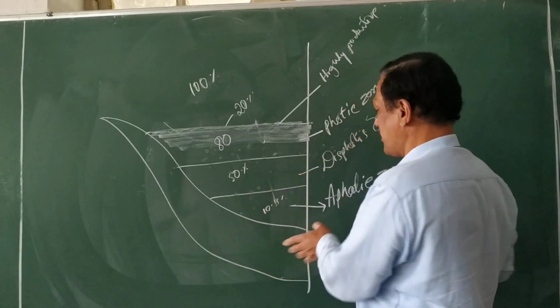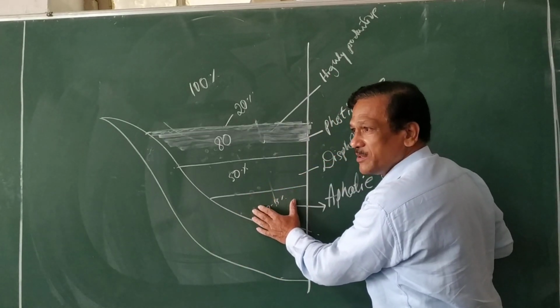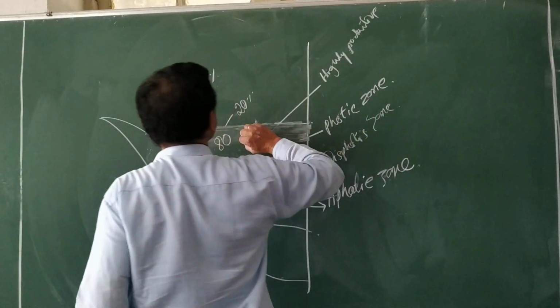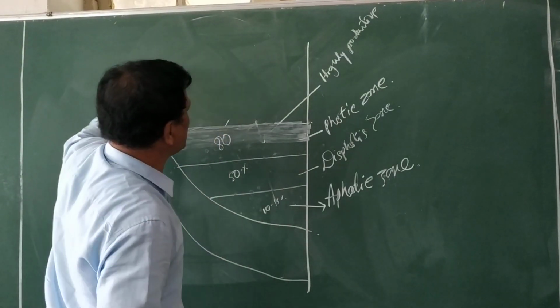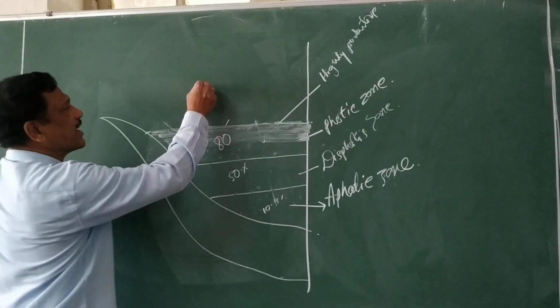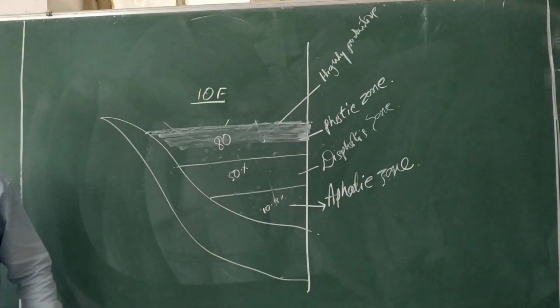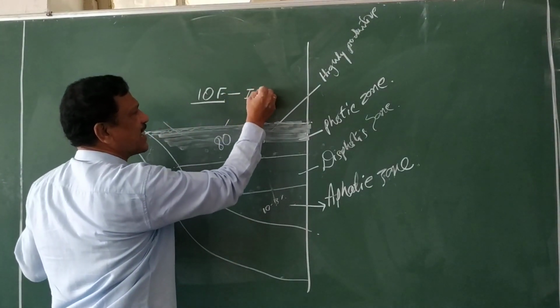That is because of the aquatic nature of these deepest zones. Got it? Now this is water, and in this water we can see all these abiotic components. Abiotic components means physical factors, inorganic factors, inorganic elements.